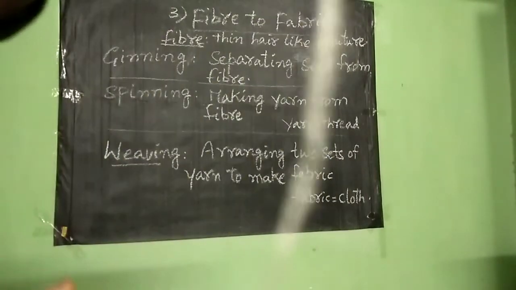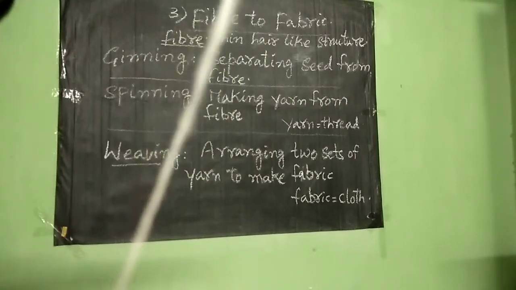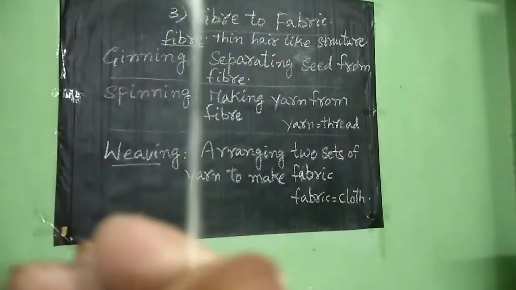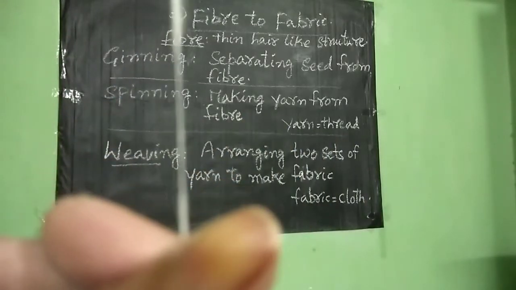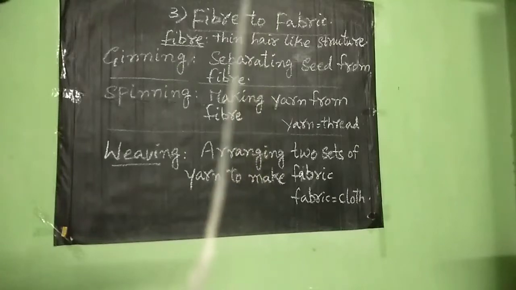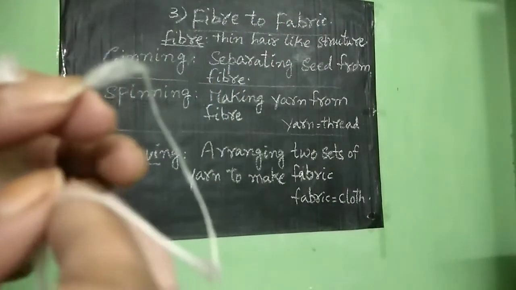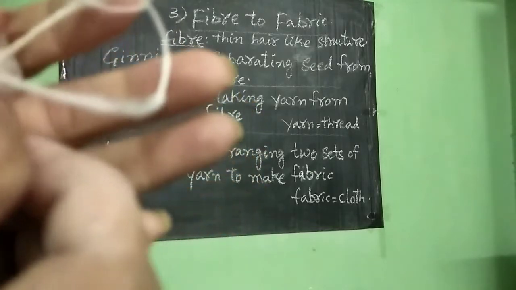Now after making so many threads, they will put two sets of threads together, and they will be using weaving machines which are called looms, and they will make the cloth, that is called weaving.